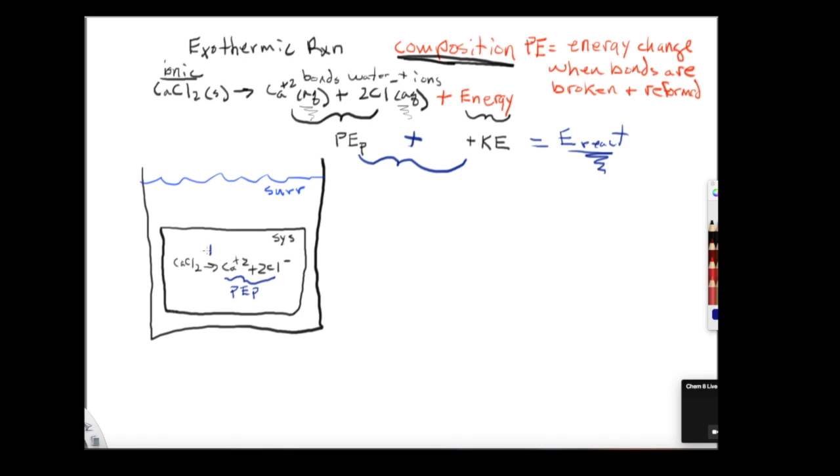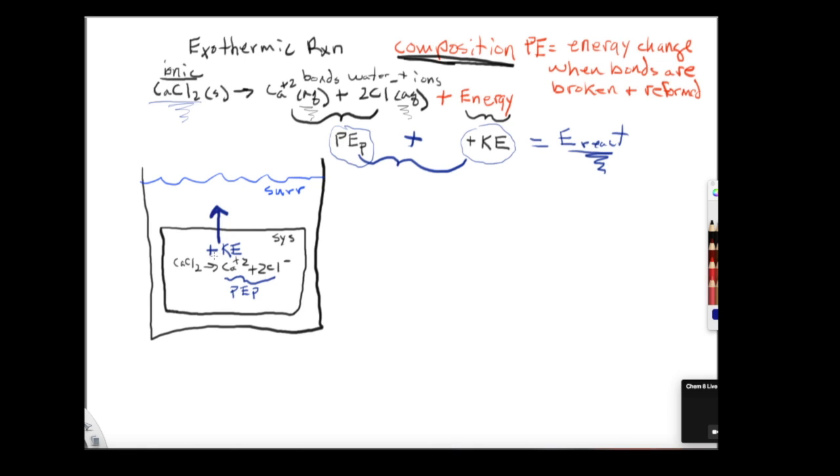So that kinetic energy that gets released here, remember that we have the sum of the potential energy of the product plus the kinetic energy that is released. When you add these two things together, you get back to the total energy that we started with in the reactants. Well, this kinetic energy is going to be transferred from the system into the surroundings.